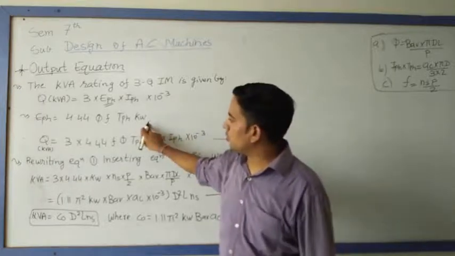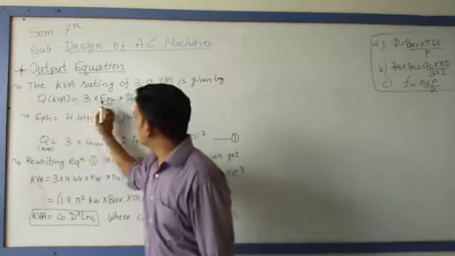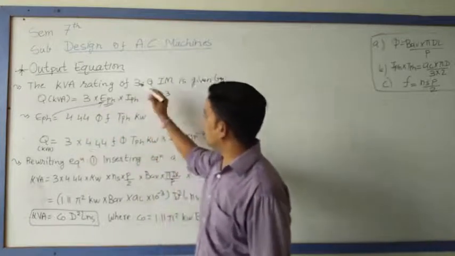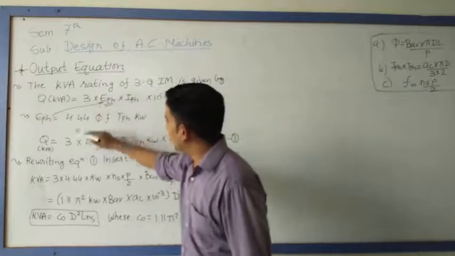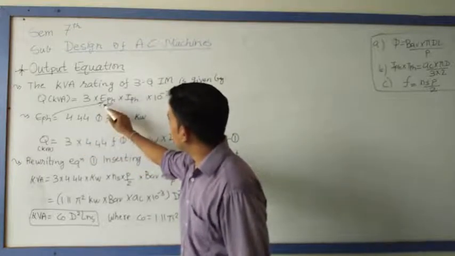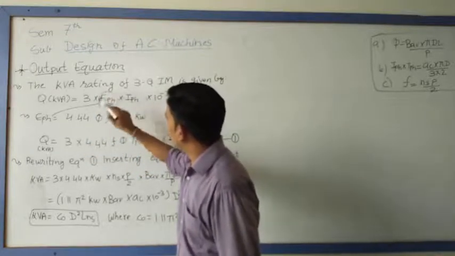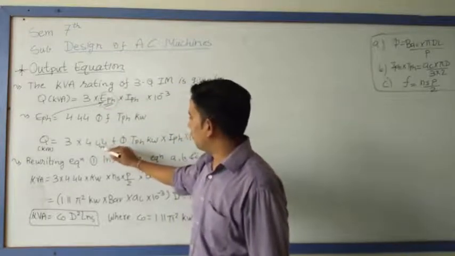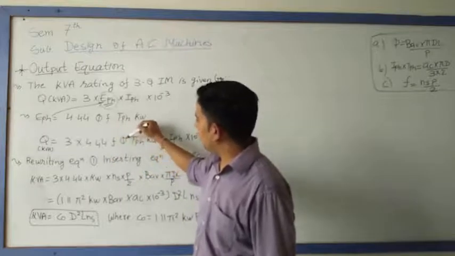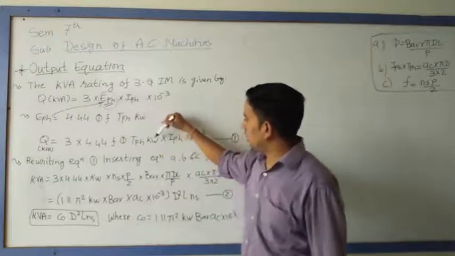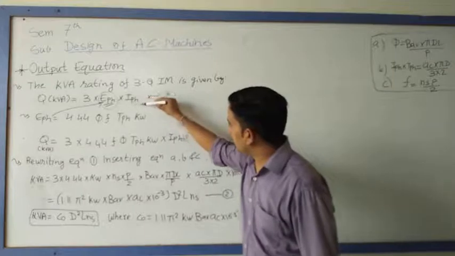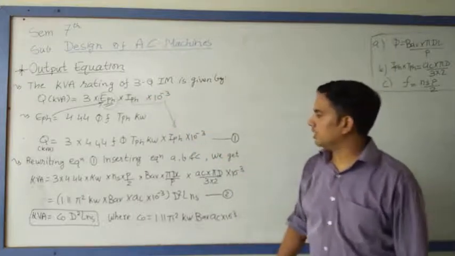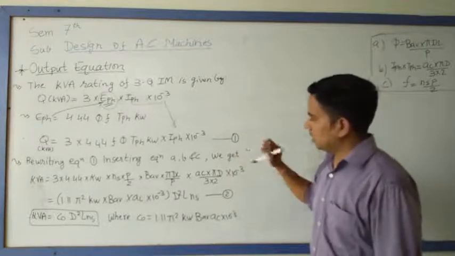We are going to put this value of EPH in this equation, and this equation will become Q is equal to 3 multiplied by 4.44 F phi TPH into kW, and the remaining terms IPH into 10 raised to minus 3.